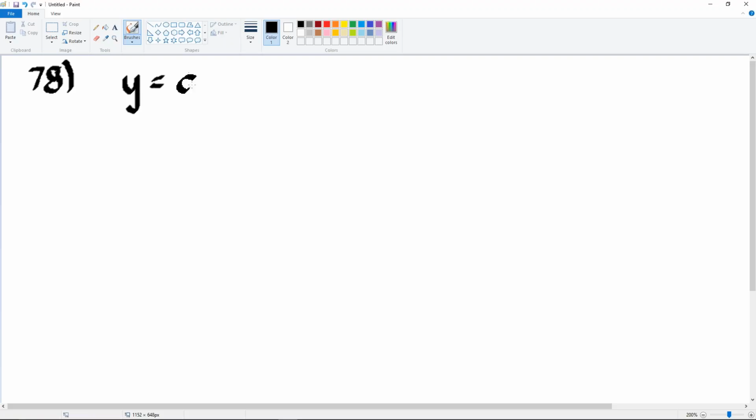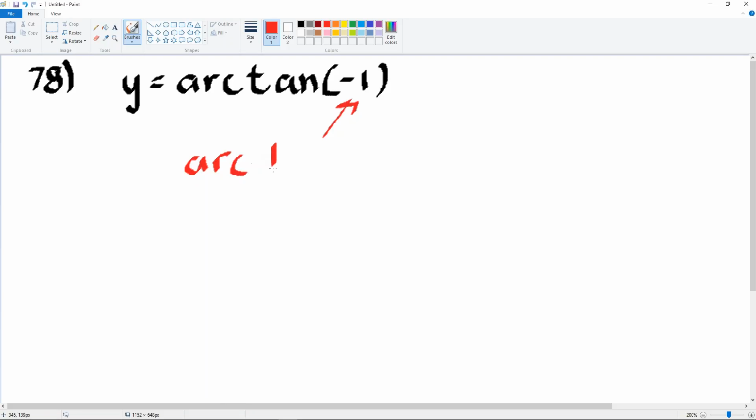y equals arc tan of -1. So, if you look at your notes on your summer packet up there, it tells you arc tan lives in quadrant 1 and 4.